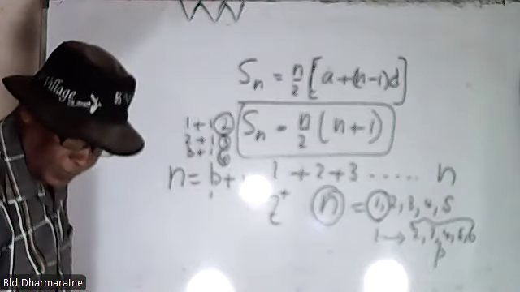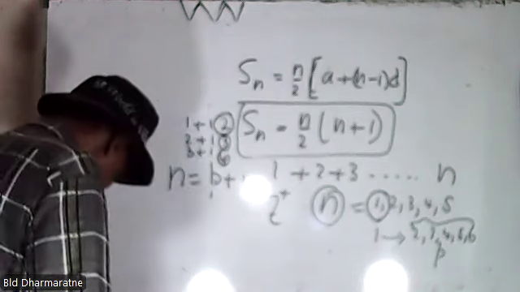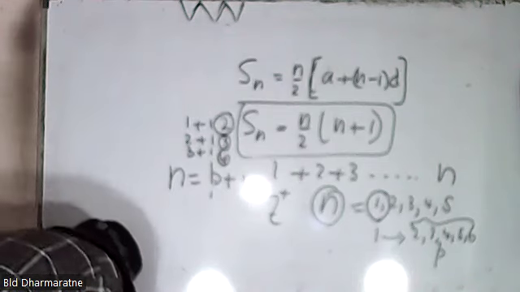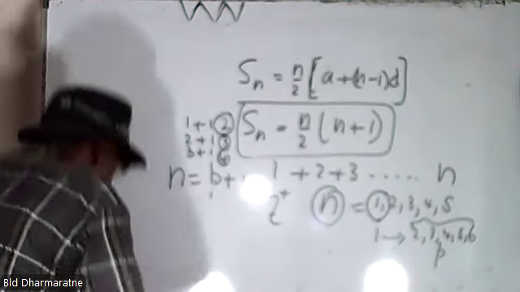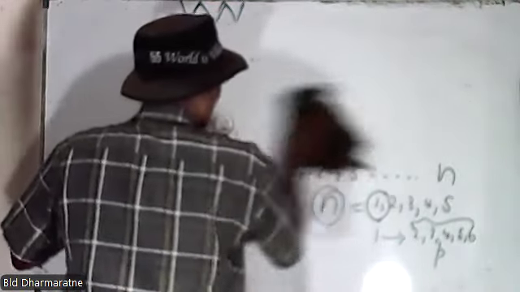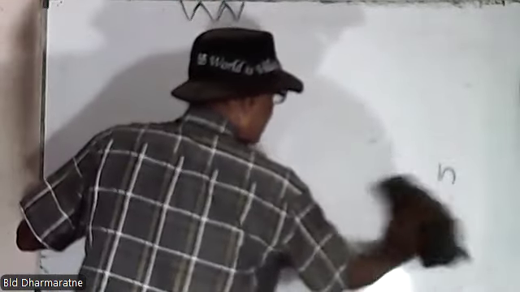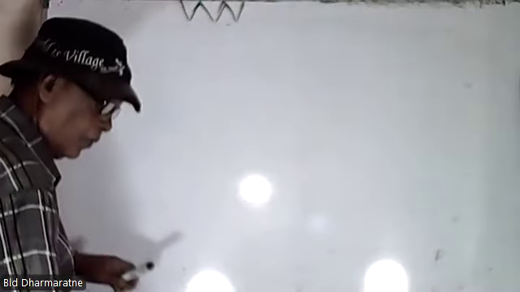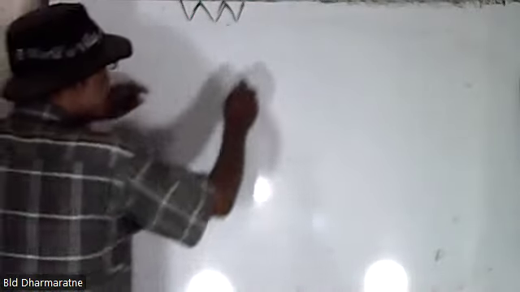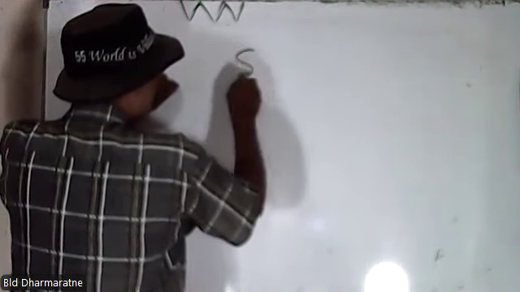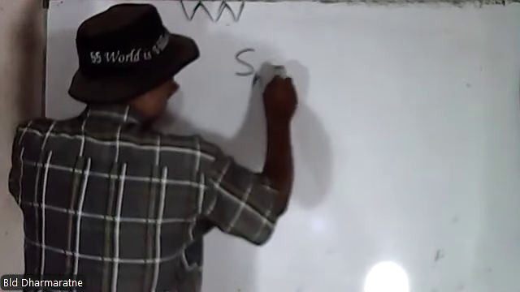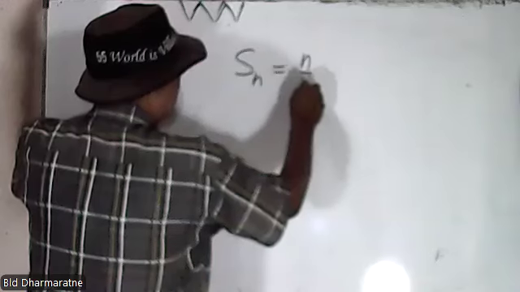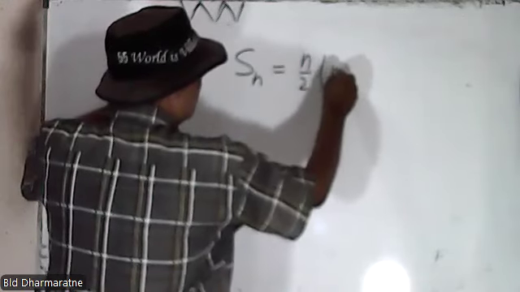Now, this has some conditions. Simply we can say, first of all, try out the given formula. Any formula. We say this formula, Sn equals n over 2 times (n plus 1).